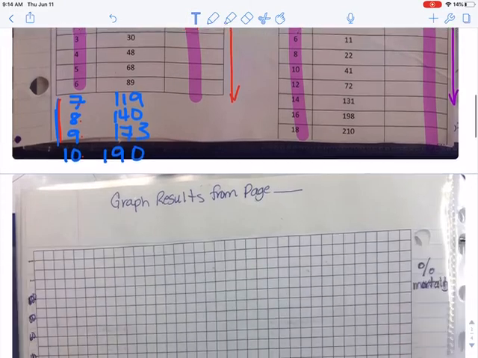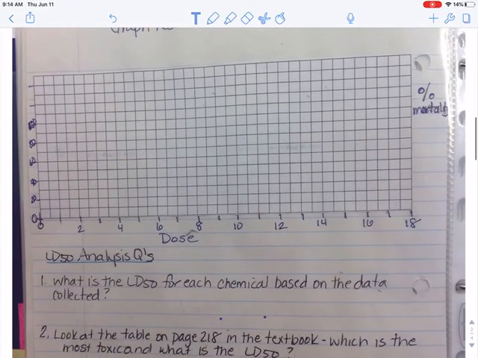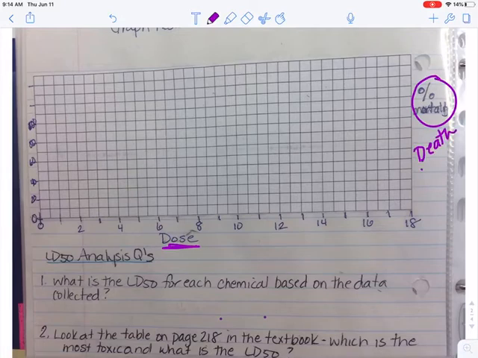So if I go to the graph now, you'll see here that I have my dose value at the bottom, and then I have percent mortality. And percent mortality is the same thing as a death rate. I guess I just decided to make life more challenging by giving you a different title than what was in your table. Because I was running out of space, I actually have the percent values over here. But it doesn't really matter. It's still the same thing.